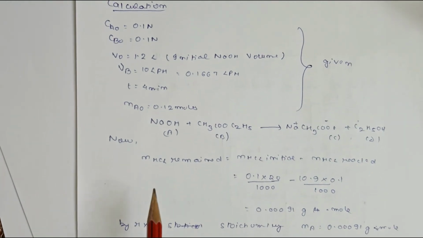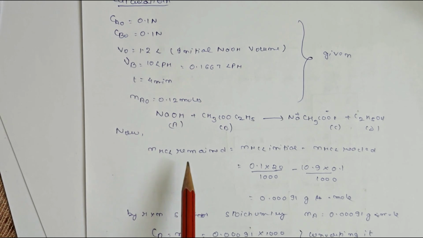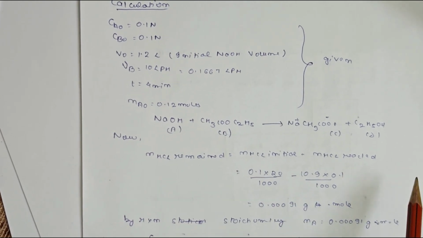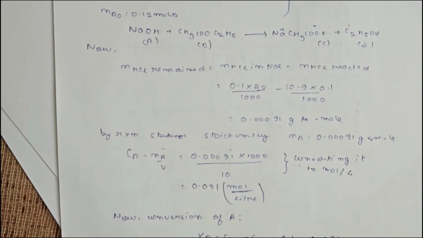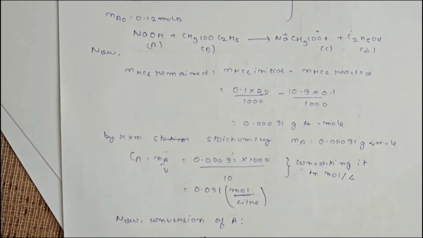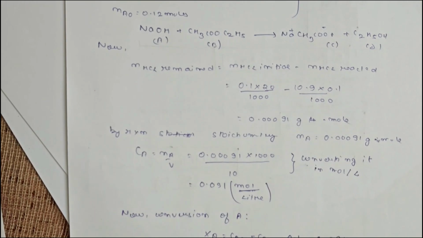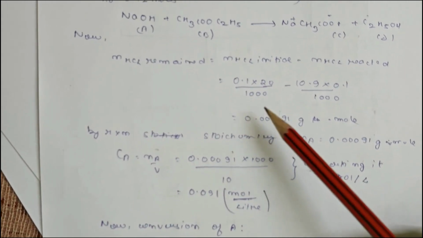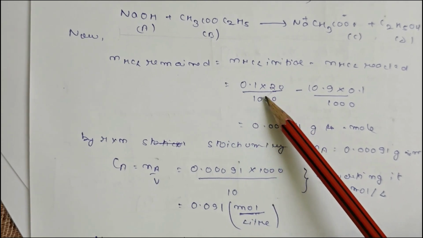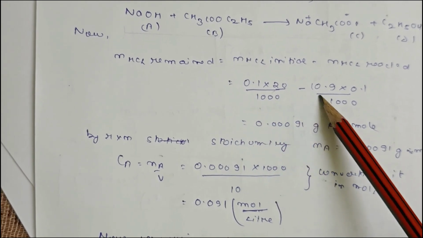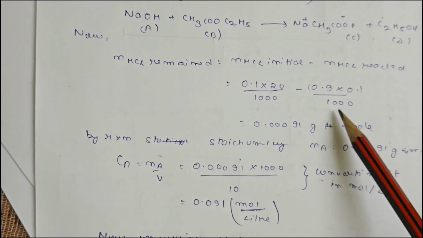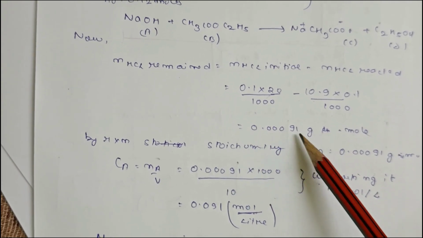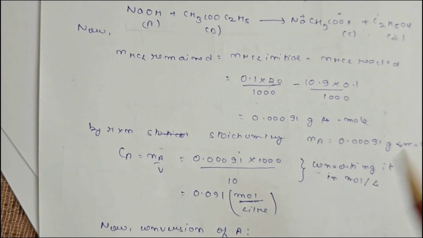The reaction, as discussed earlier, is NaOH plus CH3COOC2H5 gives basically C plus D. Now we will discuss the number of moles of HCl remaining, which is basically the initial minus reacted moles, given by 0.1 into 20 upon 1000 minus 10.9 into 0.1 upon 1000, which comes out to be 0.00091 gram mole.